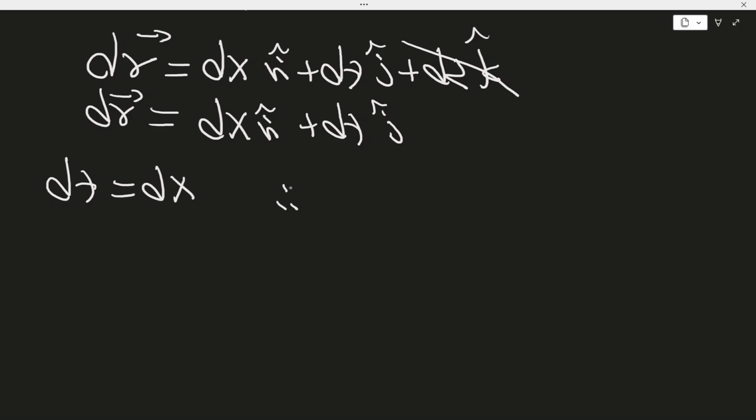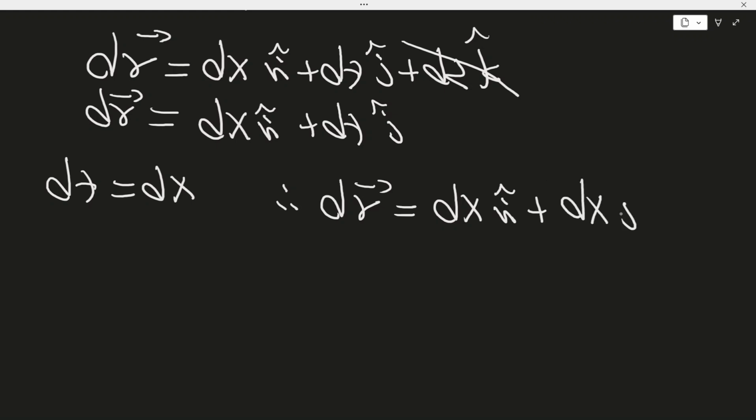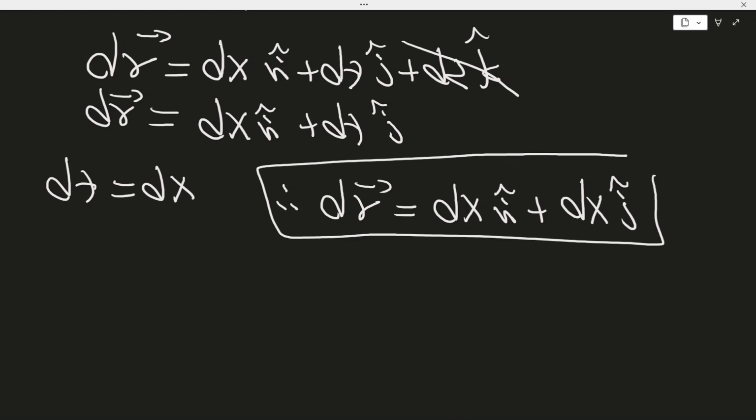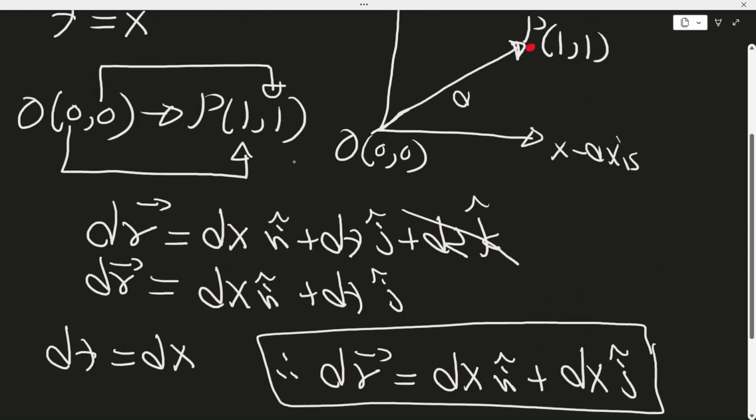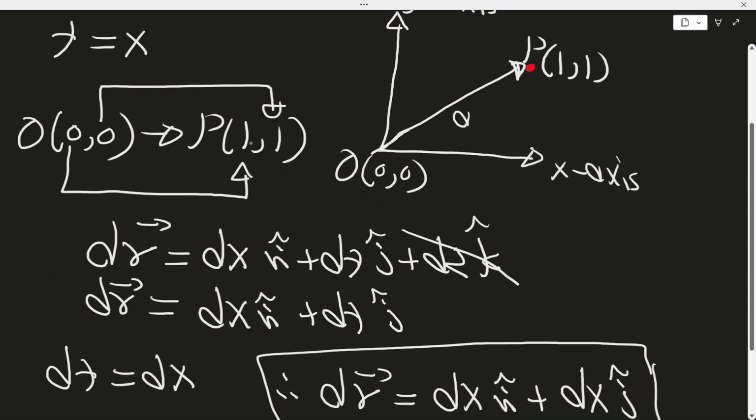That means we therefore have dr is equal to dx i unit vector plus, again, because dy is equal to dx, dx j unit vector. That is my infinitesimal displacement vector, or the differential vector. Remember, it's only dependent on dx. That is, we are only moving from 0 to 1. We neglect the y part.